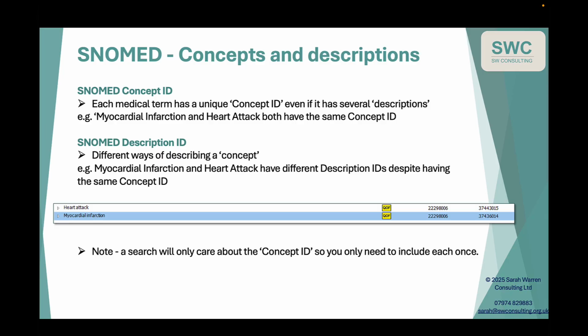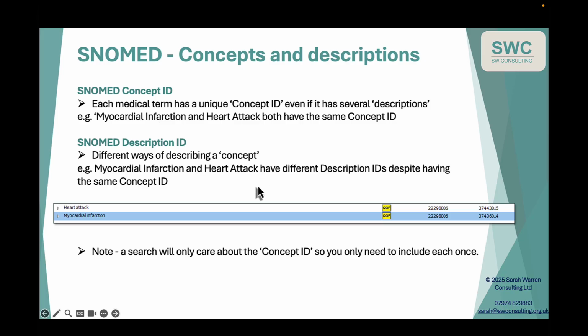So in this case here, you can see they've got the same concept ID here. They're the same thing, but they've got a different description ID because of the slight difference in the term. So yeah, description IDs are a different way of describing that concept.